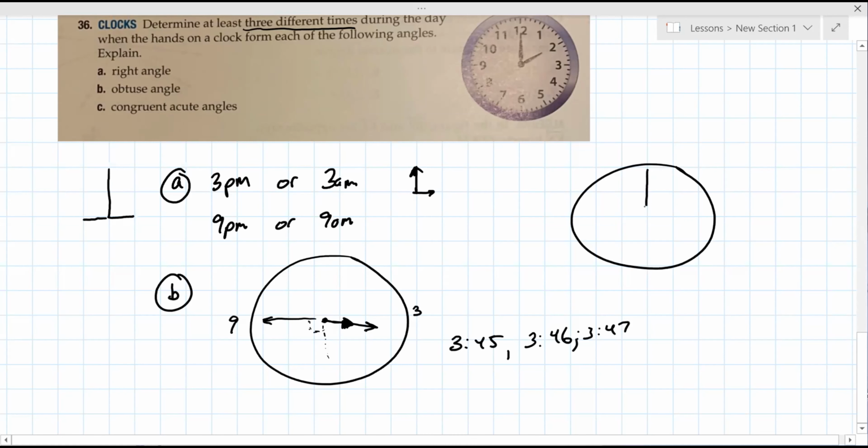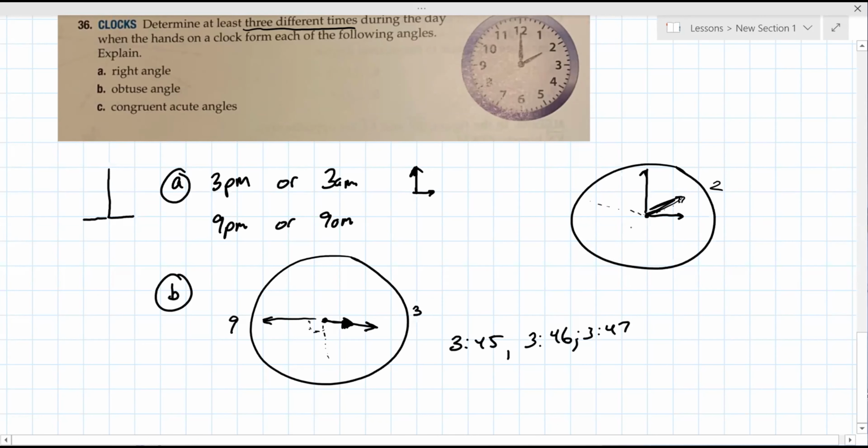Right at 3 o'clock you have this, but a little bit later, this hand isn't moving as fast as this hand, so you could also go a little before 3 o'clock. Like 2:45, for example, would also be a good one, where it's pointing a little bit up towards the 2, and then this is back here.